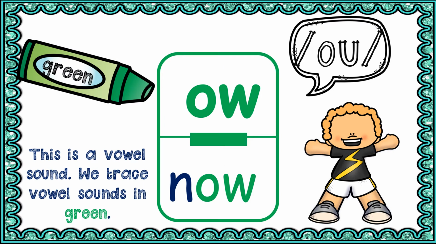The new spelling is O-W. You may have seen this before, but the new spelling for ow is O-W. This word is now. Make the ow sound. Ow. What two letters are we using today to make the ow sound? O-W. Good.